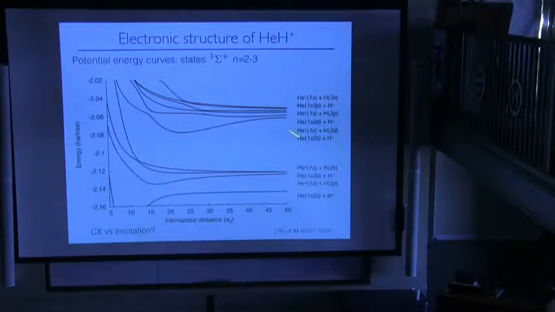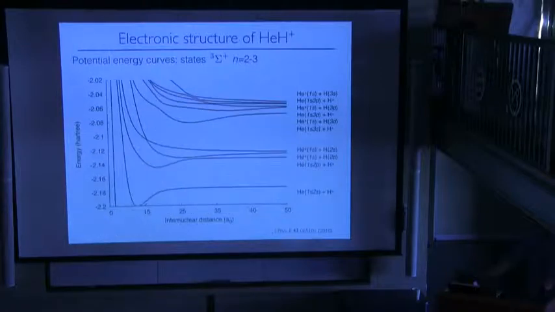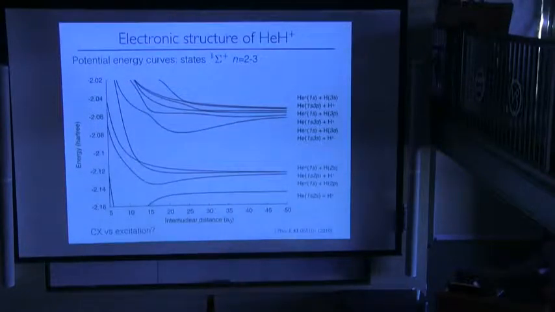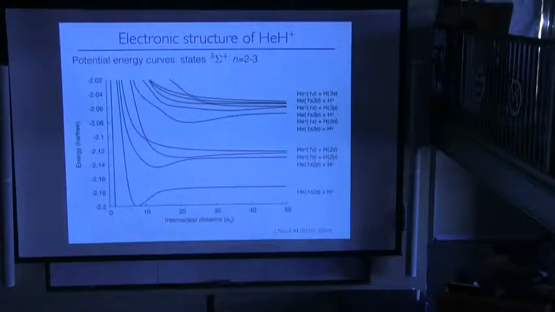For example, for singlet states you have helium 1s3s, 1s3d, 1s3p. Whereas for triplet states, this is the same figure but for triplet, you have 1s3s, then 1s3p, then 1s3d. So the order is not the same, and in addition the shape of the curves is a bit different for both symmetries. So you already know that it's going to be quite complicated to extract general trends.